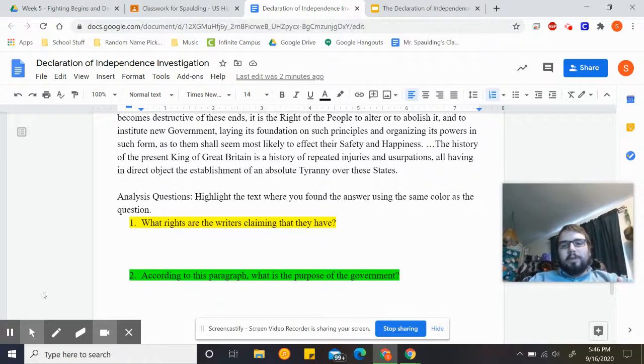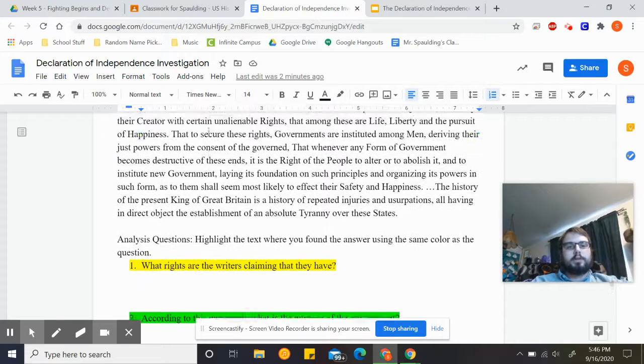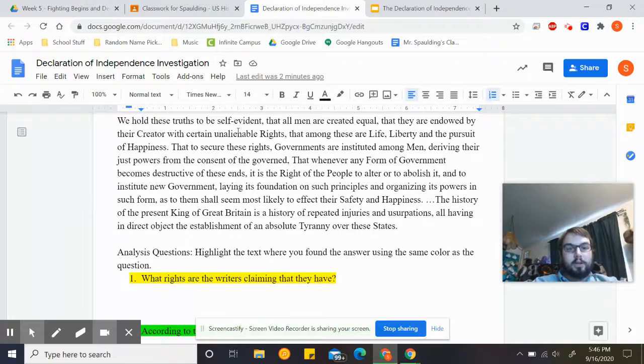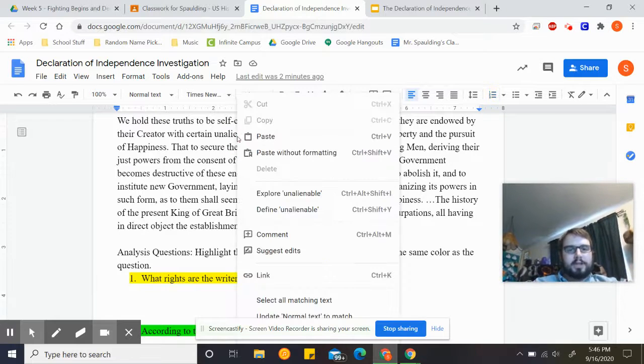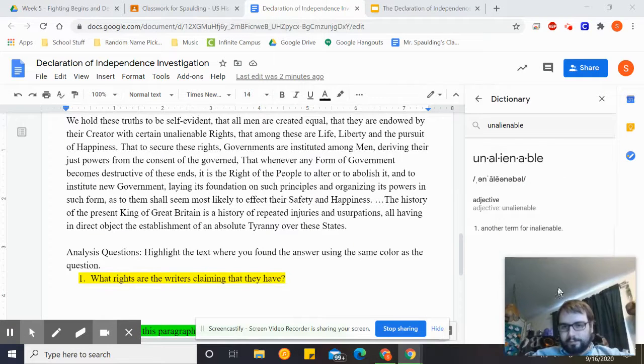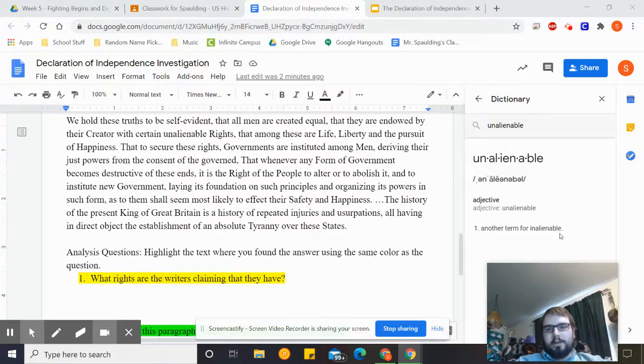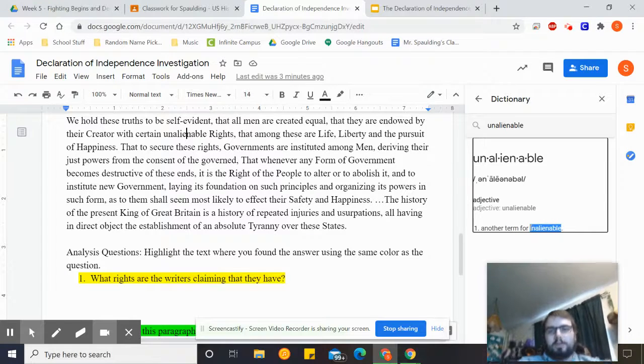There's lots of big words in here. You guys have this awesome tool called Google. Use it. Okay, like I know unalienable is a big word. Let me show you a tip. You can right click and go define, and it'll pull up a definition right here. Now, if that definition isn't any good, which this one's not, okay, all right, it's another term for inalienable. Fine. We'll copy it.